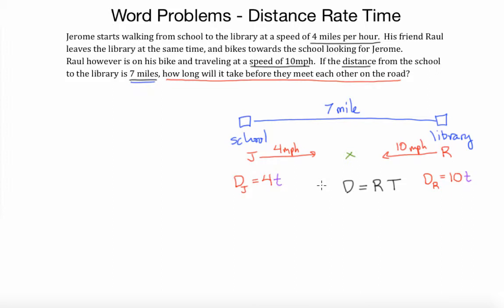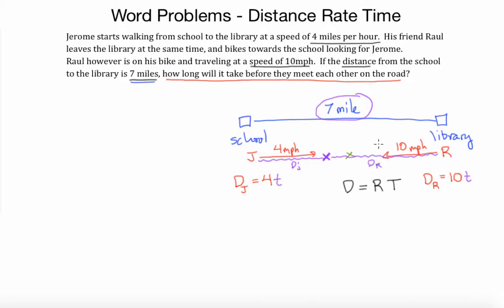All right, how do we use the fact that we have this 7 miles? This is the only other piece of information. There still feels like so much I don't know. Well, think about what we have here. If Jerome starts walking and Raul starts walking and they meet somewhere here, their total distance, the distance of Jerome and the distance of Raul, has to total 7 miles.